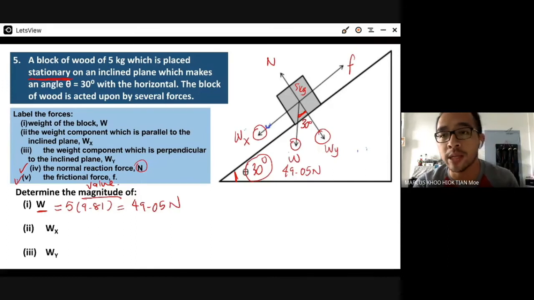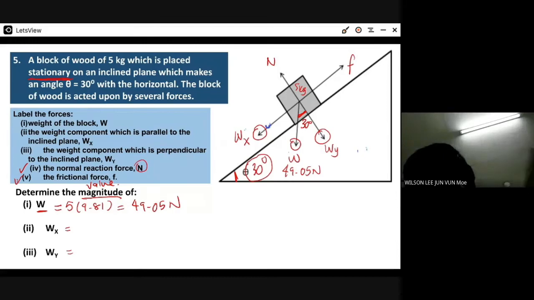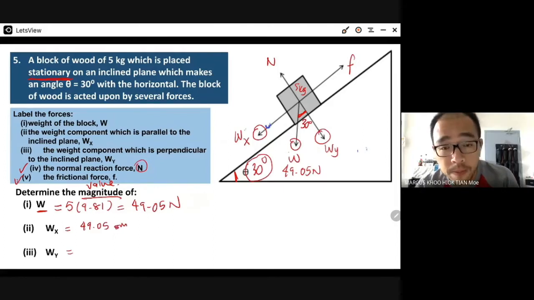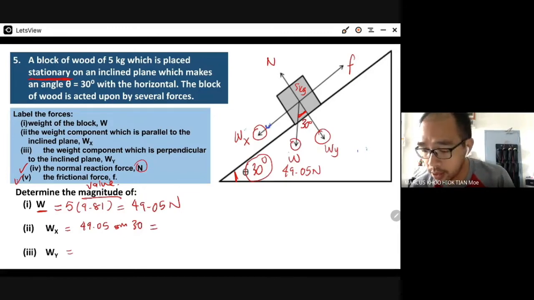Now I want the twins, Wilson and Wilson. Wilson, you do WX, Wilson, you do WY. Actually, we should switch it, I always call Wilson first. Tell me what to write and tell me the final answer. 49.05 sin 30 degrees.